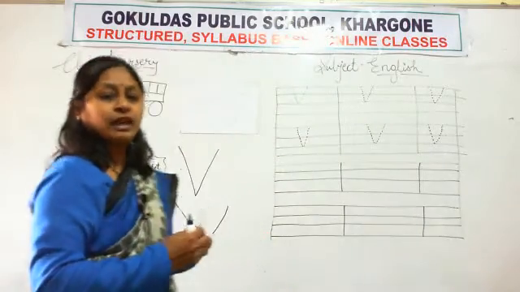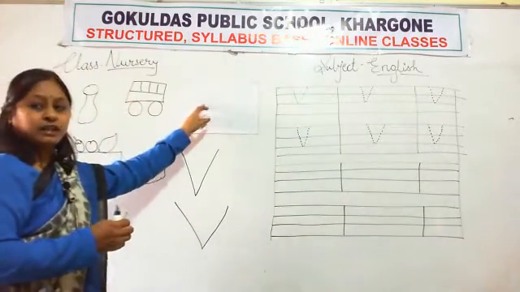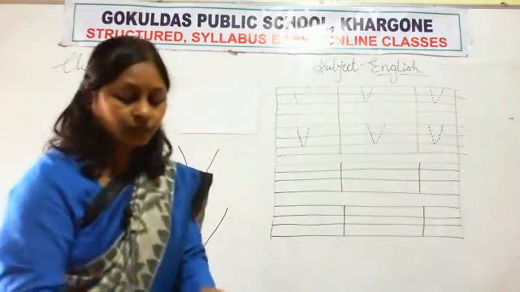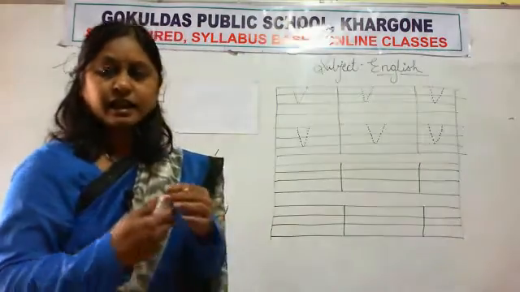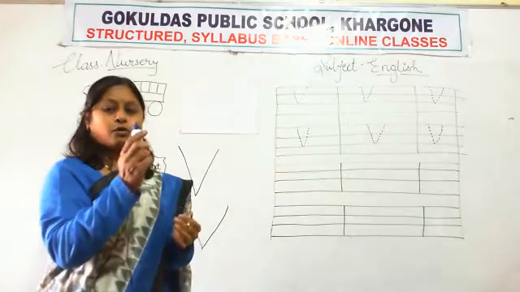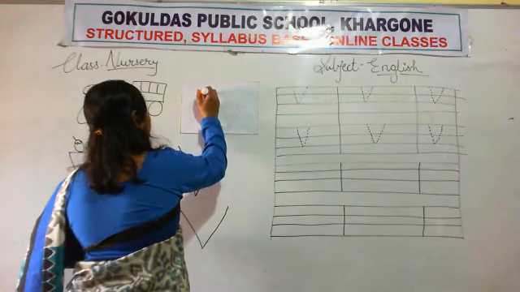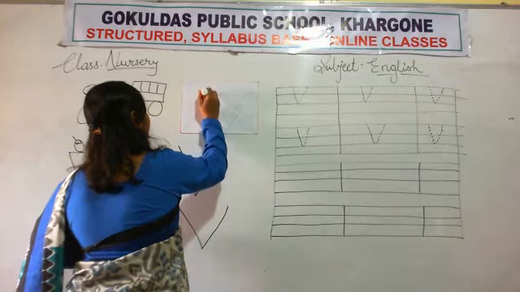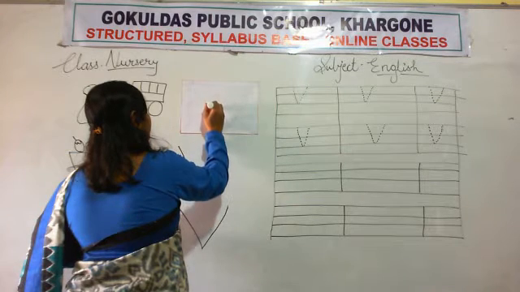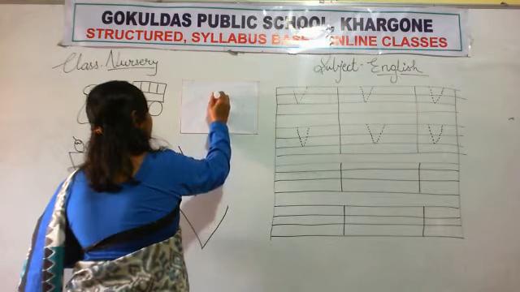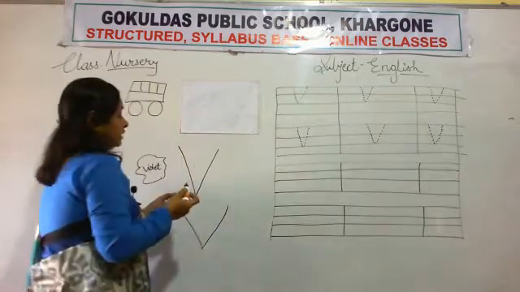First we have to write letter V on the paper. And after that, take glue or Fevicol and paste here. Put the Fevicol or glue on the paper.